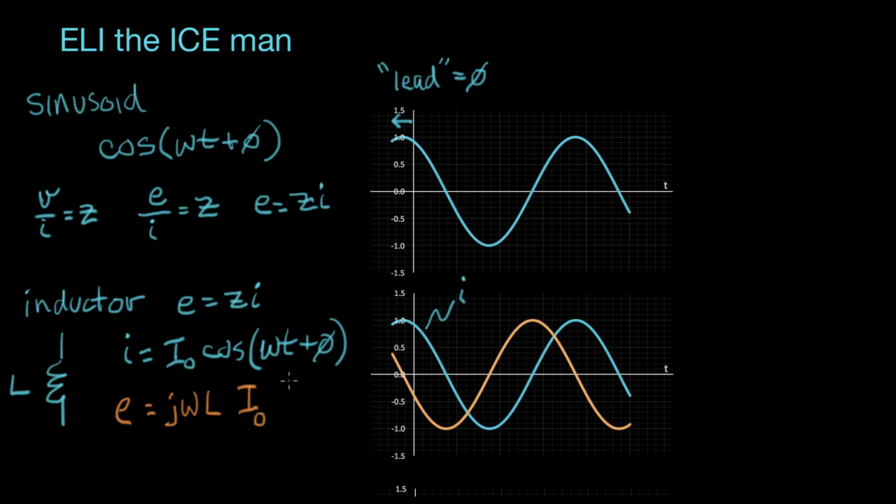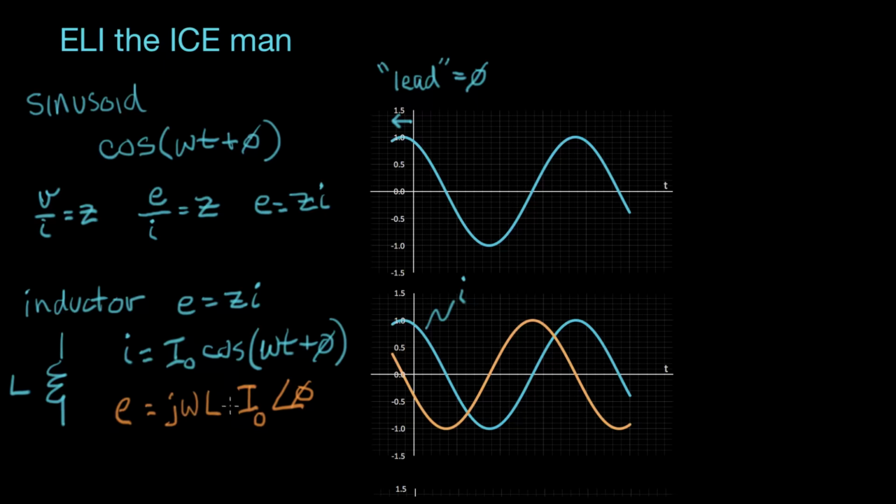And we said that that could be represented as I naught, the magnitude of the current, at the angle of phi. So these are equivalent representations of I. This is the time domain representation, and this is the phasor representation. Now what we have out here in front of I is a scaling factor. There's this complex j that we'll take care of in a second, and there's omega L. So omega is the frequency, and L is the size of the inductor.